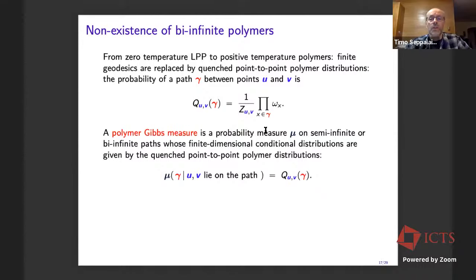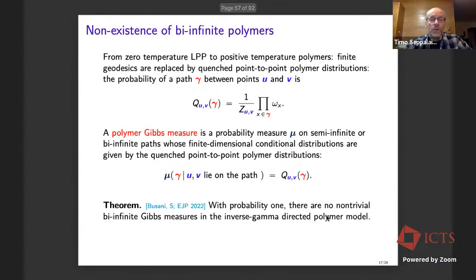A measure on infinite paths, semi-infinite or bi-infinite, is a Gibbs measure if its conditional probabilities are given by these quenched distributions. So you condition the infinite path measure on 2 points lying on the path, and you ask about the probability of the path segment between the 2 points, and that should be given by the quenched polymer distribution.